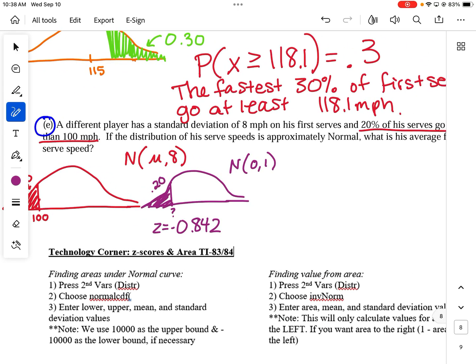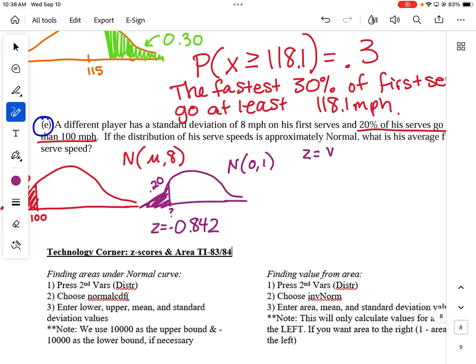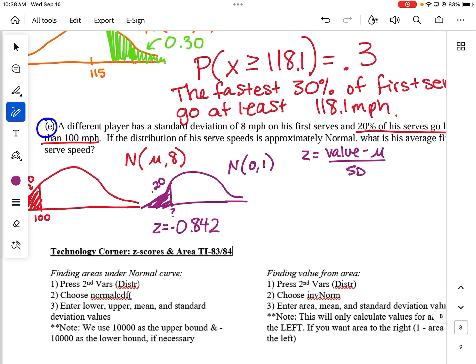Okay, so let's think about all the formulas that we have. How can we find the mean if we're given the z and standard deviation? Do we have a formula that uses those? Think back. Remember, the z is value minus mean over standard deviation. So we're going to have to use some algebra.